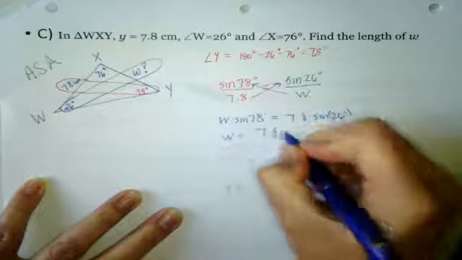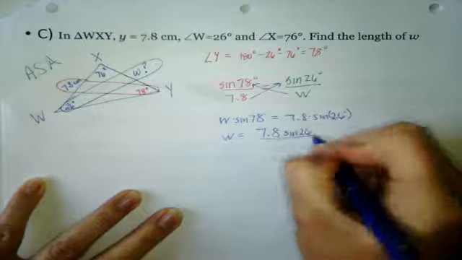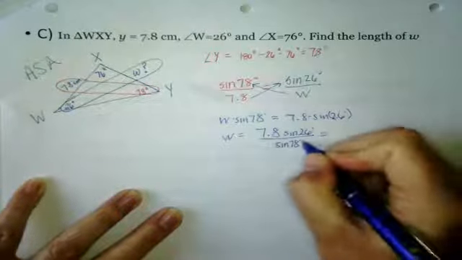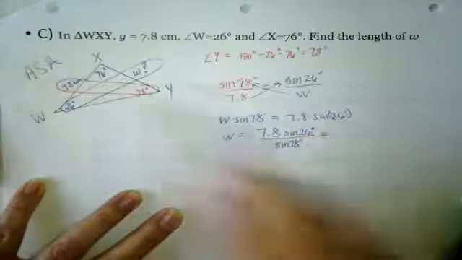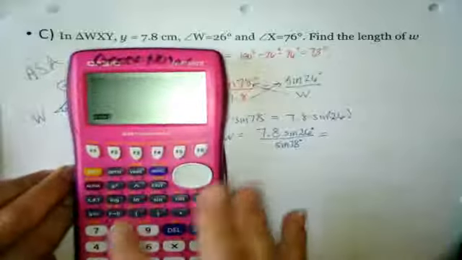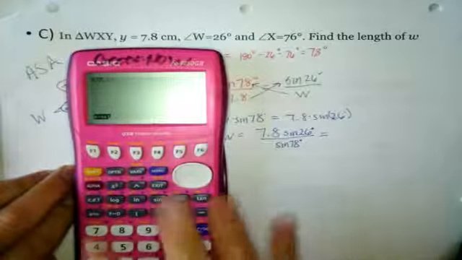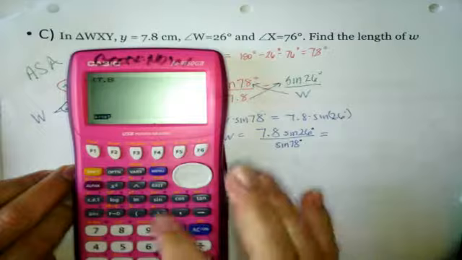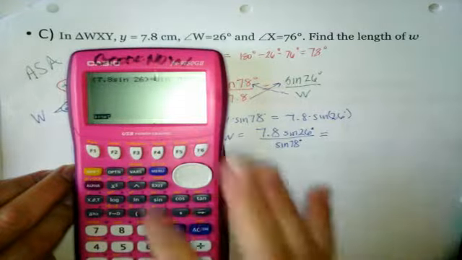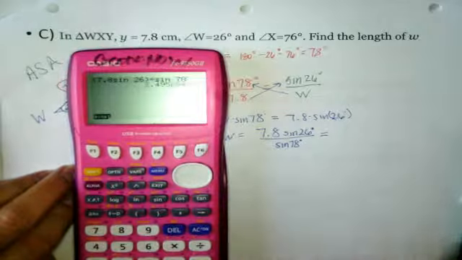So 7.8 times the sine of 26 over sine of 78 degrees. I'm pretty notorious about always making sure I have my degree symbols there because you don't want to confuse things. 7.8 times the sine of 26 divided by the sine of 78.